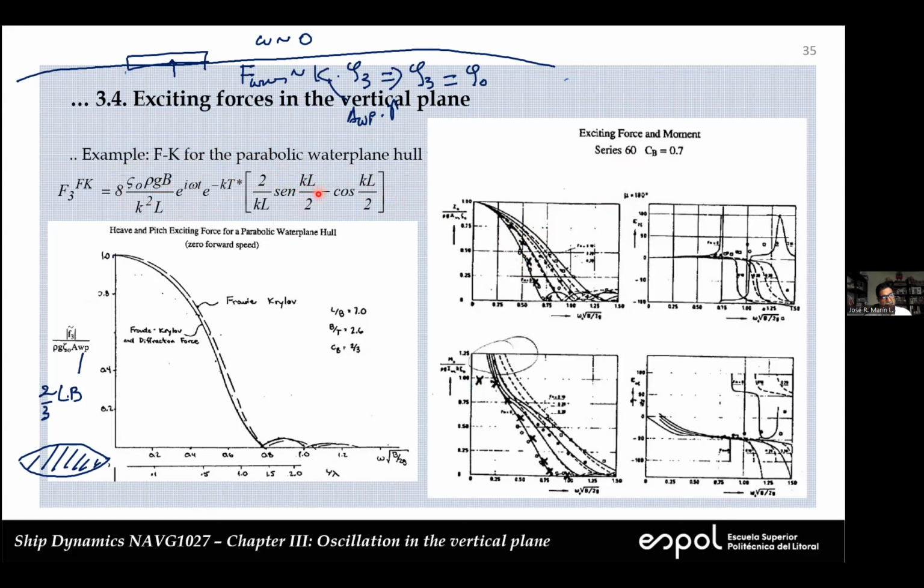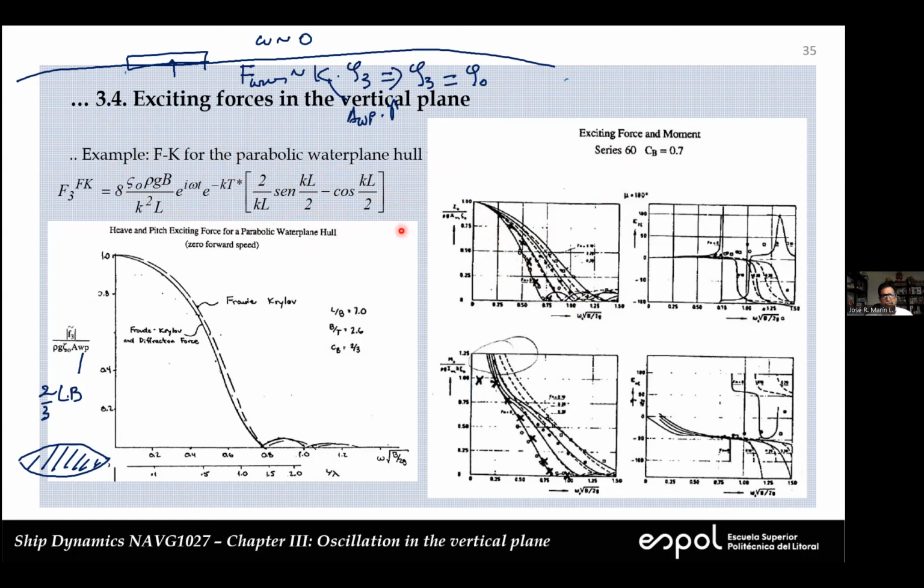And this expression, which comes from a very simplified form, still follows the real results relatively closely. So even though it comes from a very simplified situation, it can help us understand many things in this problem.